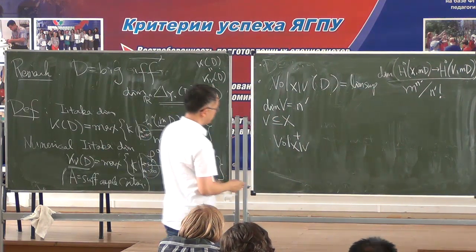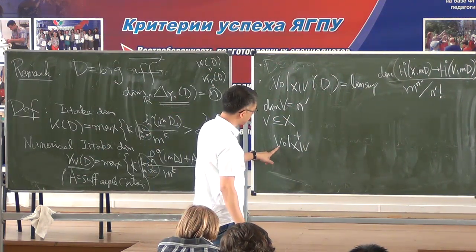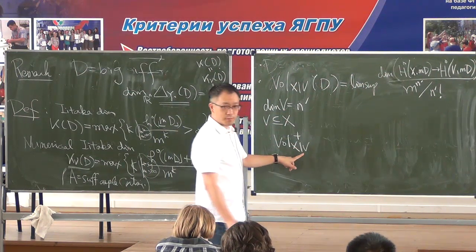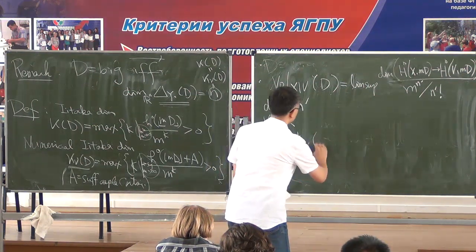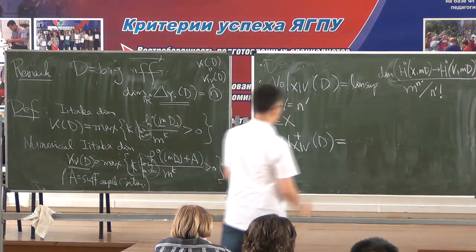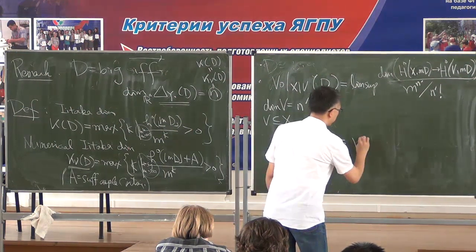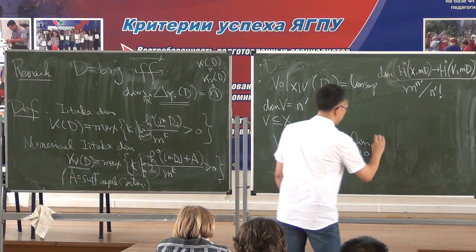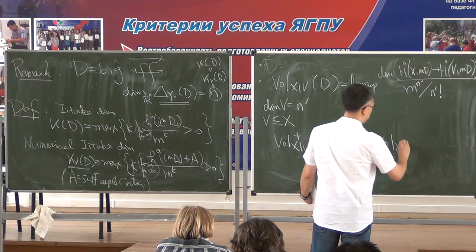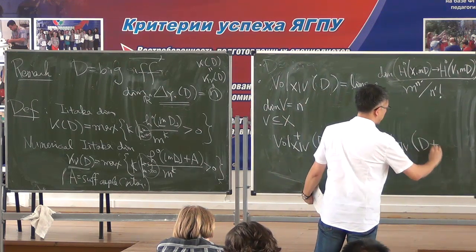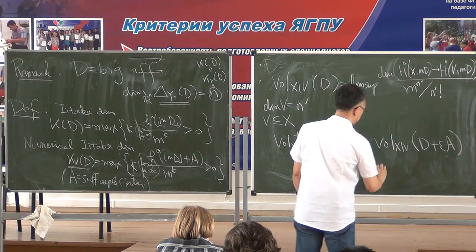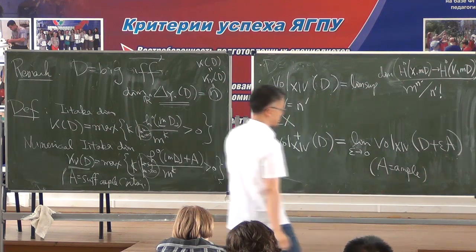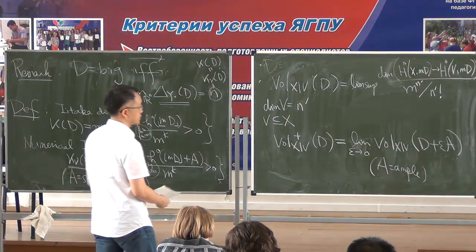And what is the plus? We called it the augmented restricted volume, but you can call it whatever you want. It is the limit, as epsilon goes to 0, of the volume of X restricted to V of D plus epsilon A, where A is some ample divisor.